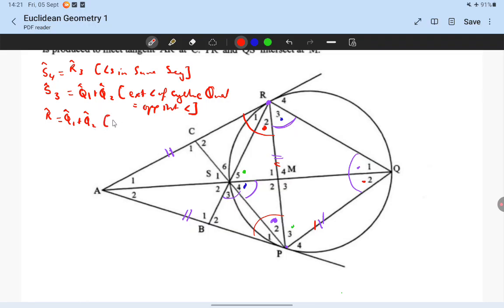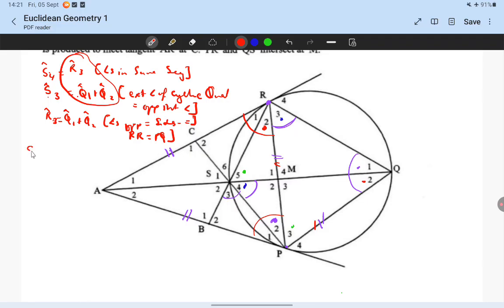And the reason being angles opposite equal sides are equal. Which sides are we talking about? We're talking about PR equivalent to PQ. So now we can conclude. You can see that this is equivalent to that, this is equivalent to that, but these two are also equal. So if these two are also equal, it means that these two are also equal.